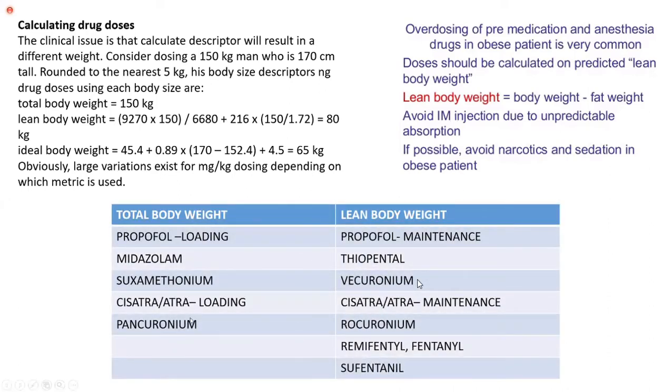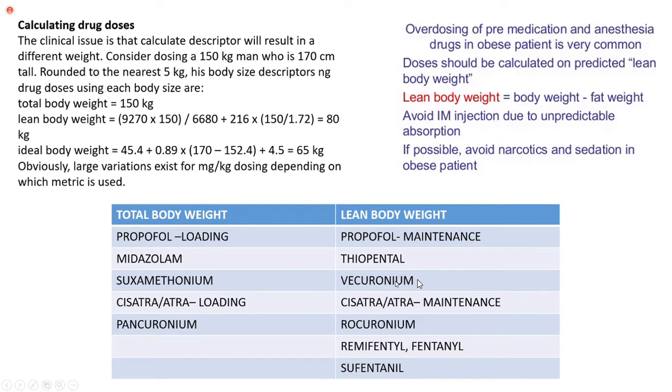What drugs you can give by total body weight? You have to use propofol as a loading dose on total body weight, whereas if you are going to give the infusion, you go on lean body weight, not ideal body weight, but lean body weight. Midazolam, you go on total body weight. Thiopentone, you go on lean body weight. Suxamethonium, total body weight.